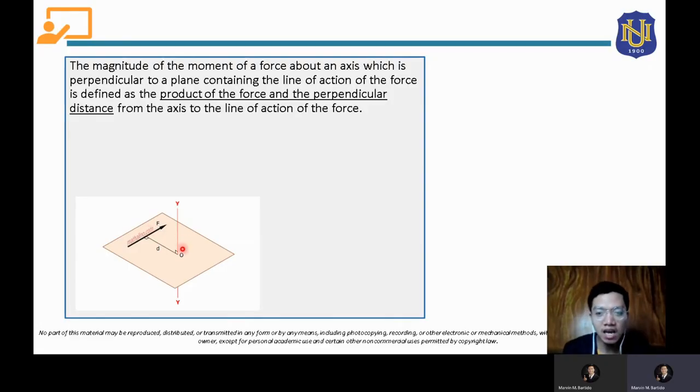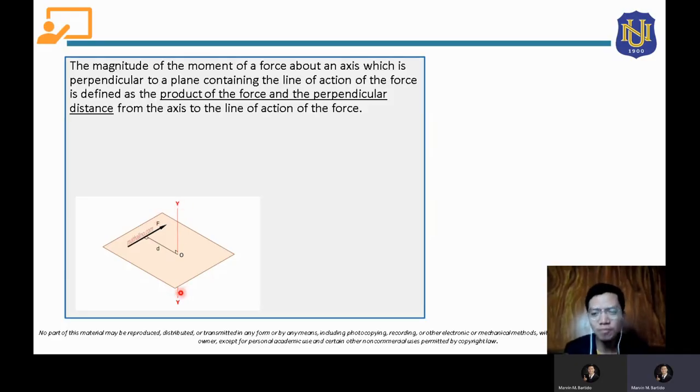Let's say the y-axis will serve as our reference axis in measuring the moment of this force. The moment will be the product of this force and the perpendicular distance from the axis. In this case, the perpendicular distance from the y-axis will be this distance d.